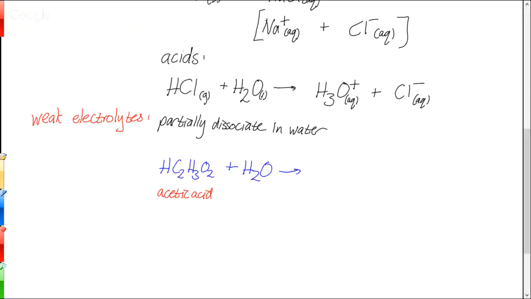The way we can draw this is by giving two arrows, one going forward that's really small and one going backward that's really big. This tells us that it is mostly staying on the left side of the equation, so only a little bit of products are forming. Mostly the stuff is staying put, but the little bit that does react produces those same hydronium ions and acetate ions.